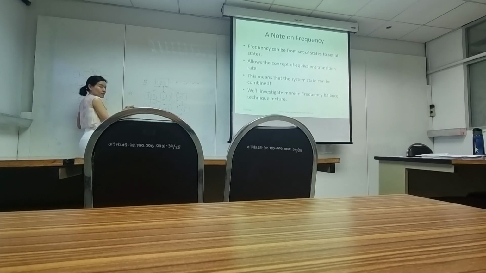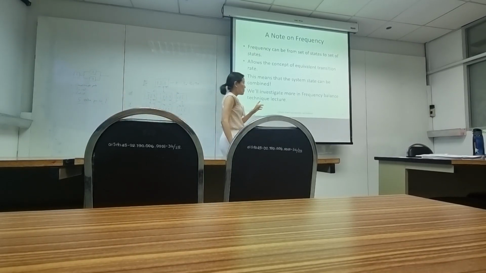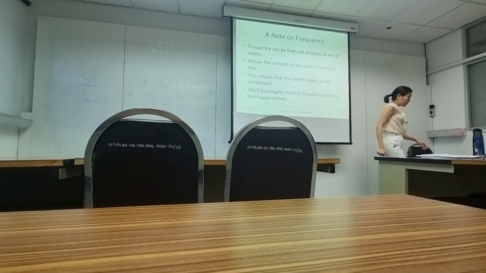The third cluster would be the combined generation of 100. And the fourth cluster would be the combined generation of 0, okay? And the frequency concept can be applied to each of the transitions between these clusters, okay? So we'll investigate more on the frequency balance technique.